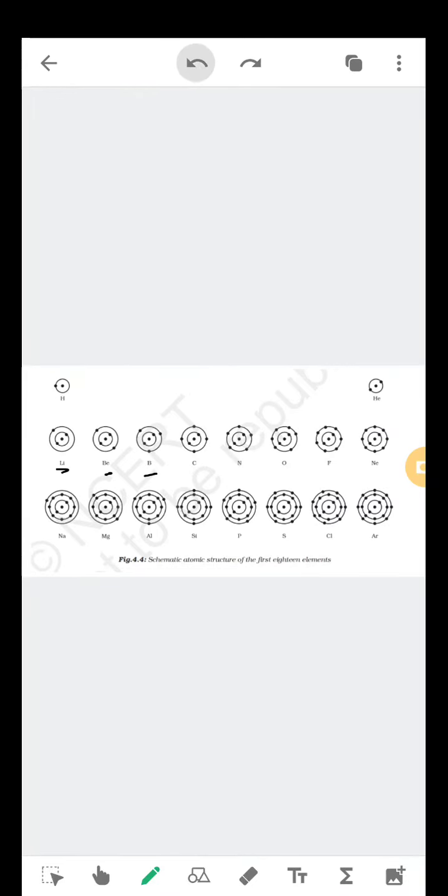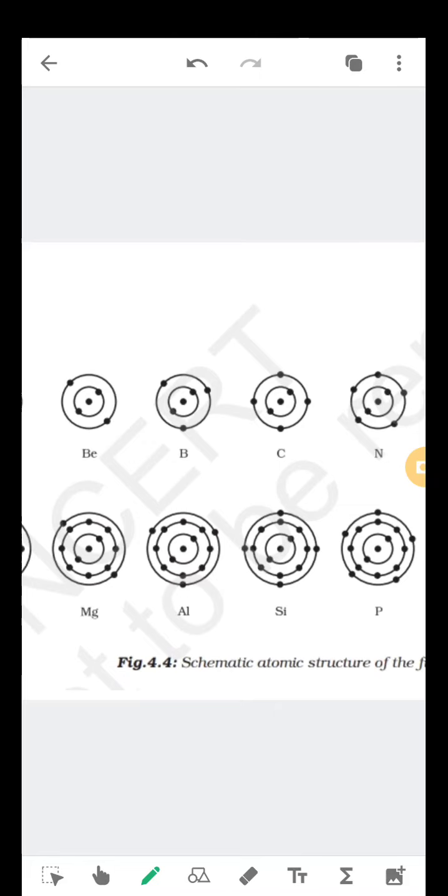Now the central nucleus will have some charge, nothing but a pull or a force on the outermost shell electrons. If you take the example of lithium, the nuclear charge on a single electron is very less. As you move from lithium to beryllium to boron, the nuclear charge will increase.